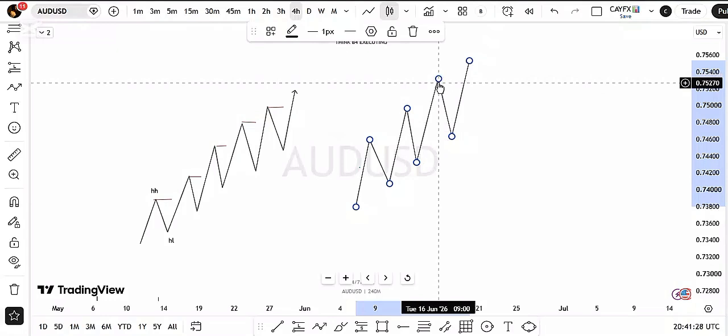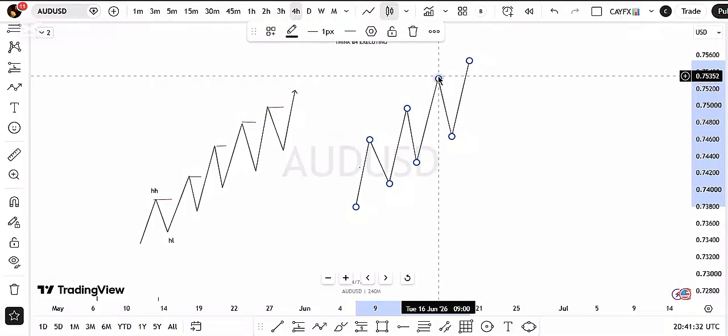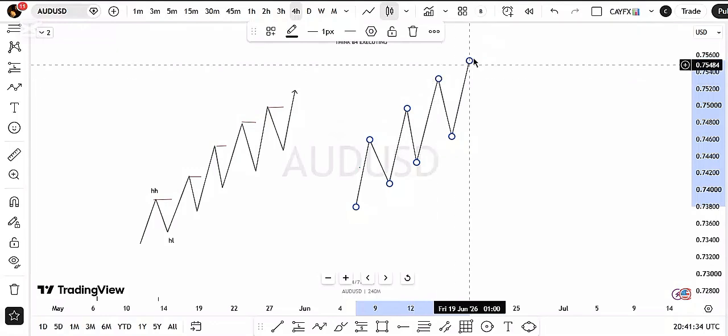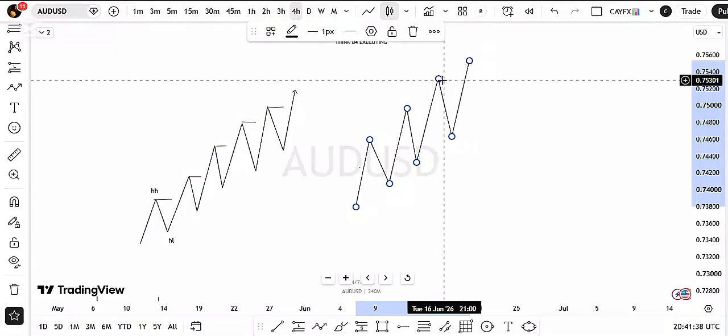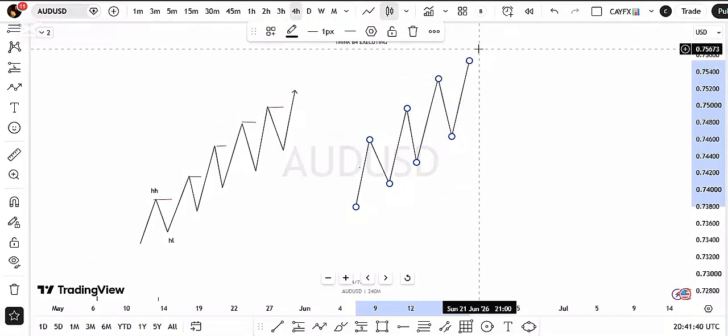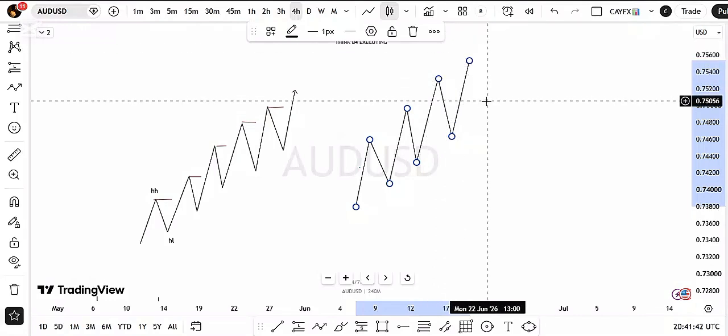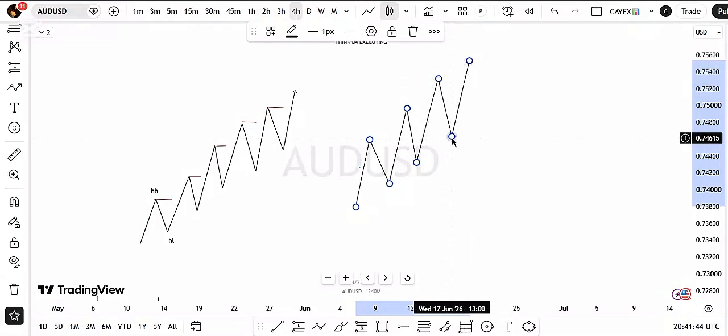So when the market is in an uptrend, its intention is to take out the previous higher high and create a new higher high for us, without breaking the recent higher low.